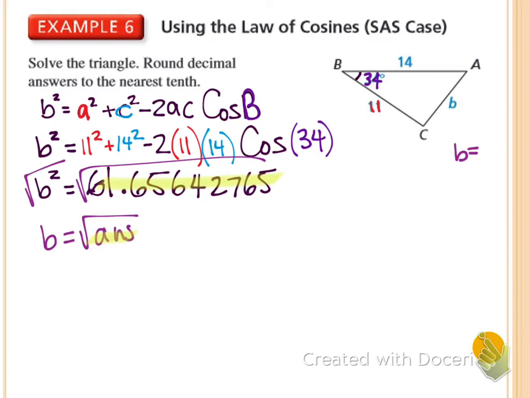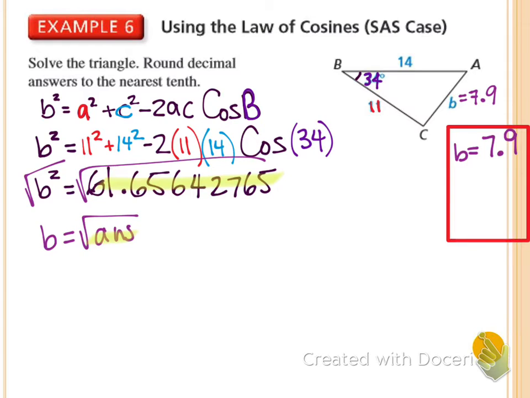So what do we get for B? 7.9. Good. So 7.9. All right. Solve the triangle means find everything, so we will still have to solve for other things.